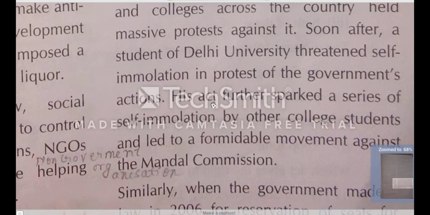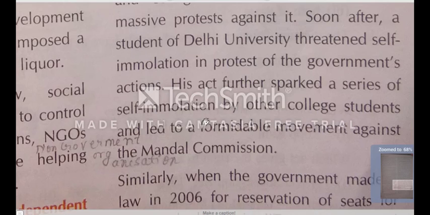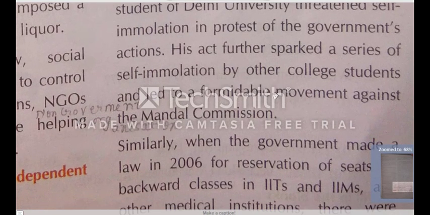To sacrifice himself, a student announced it and protested against the government decision. His act further sparked a series of self-immolations by other college students and led to a formidable movement against the Mandal Commission.